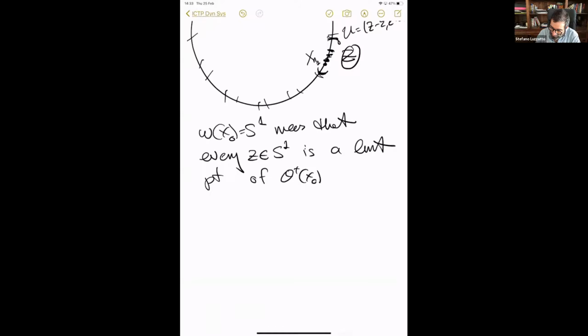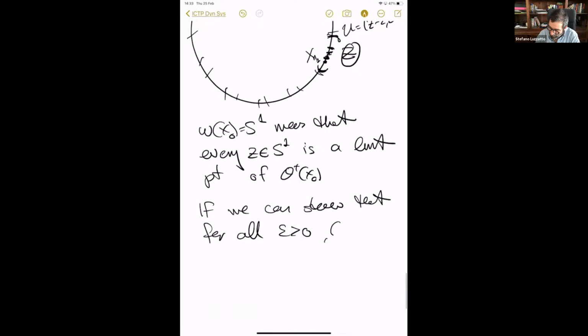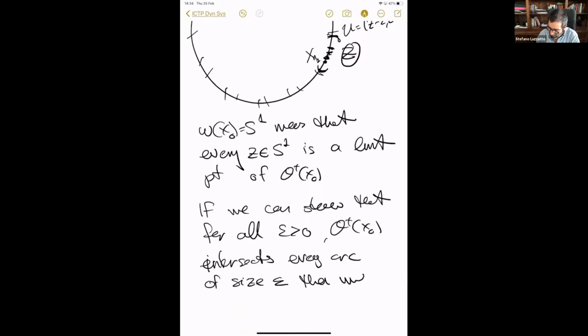Suppose we can show that for all epsilon greater than 0, the orbit of x naught intersects every arc of size epsilon, then we're done.